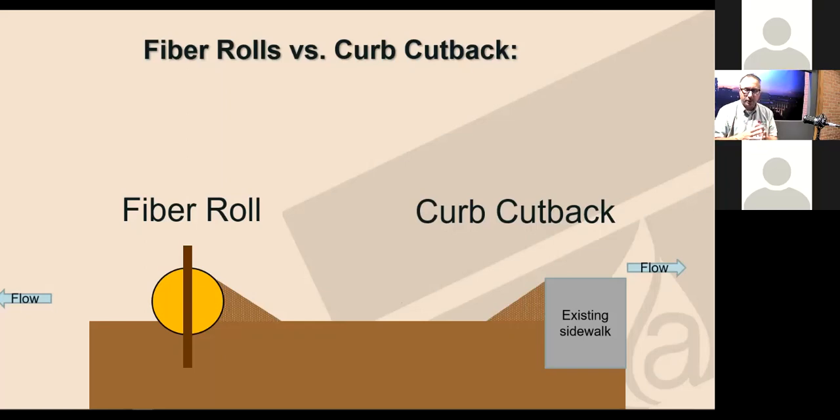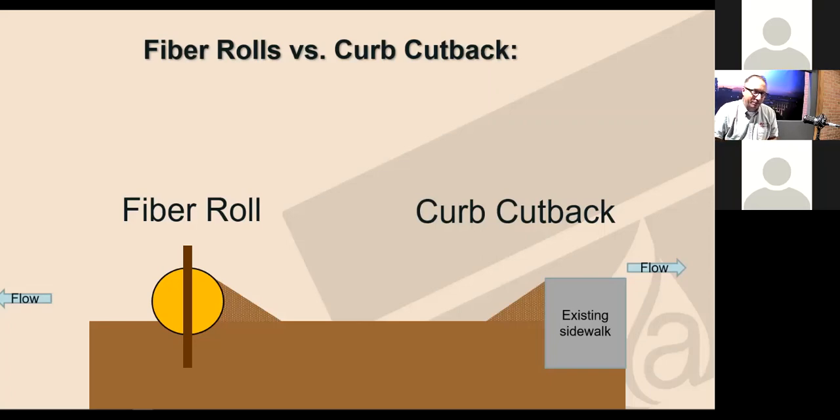There are places where you don't want concentrated flows headed towards that sidewalk or impervious surface because you don't want any undermining or you don't want to affect the integrity of it. But there are other places where it works just fine, and maintaining a 4 to 6 inch difference between the top of the hardscape to the softscape does exactly the same thing as the fiber roll.